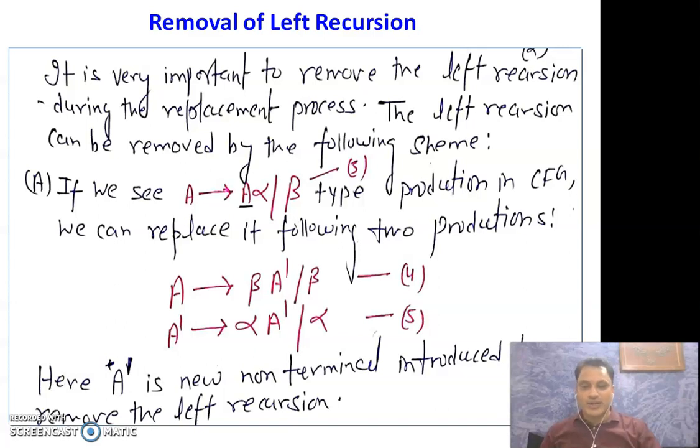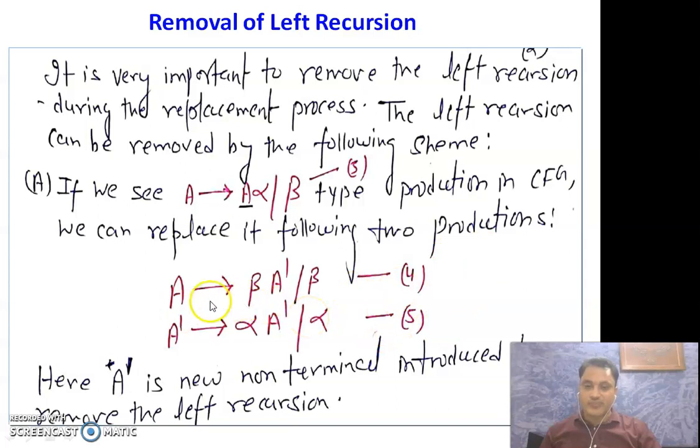So how to remove that? To remove the left recursion, we have to rewrite this production. And we have already discussed in the classroom that in the case of TFL, the language should not be changed. So we are only rewriting, we are not changing the attribute of the production. We will introduce another non-terminal A dash to rewrite production 3 in the format of 4 and 5.